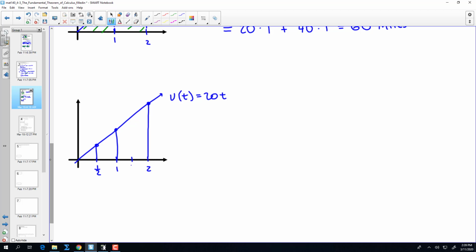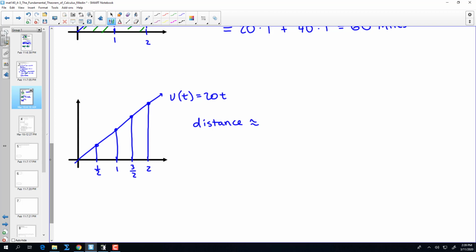Wouldn't that provide a better estimate to what the total distance traveled would have been, because there would be less error in calculating using rectangles? So it still would be an estimate, because calculating the distance based off of this, we can clearly see that there's still some error.